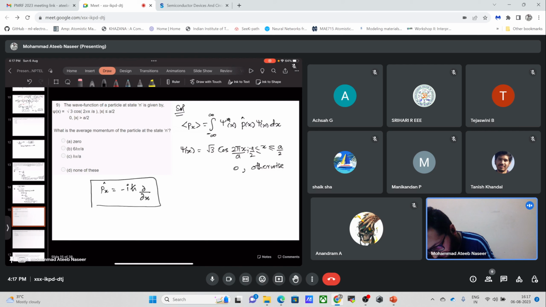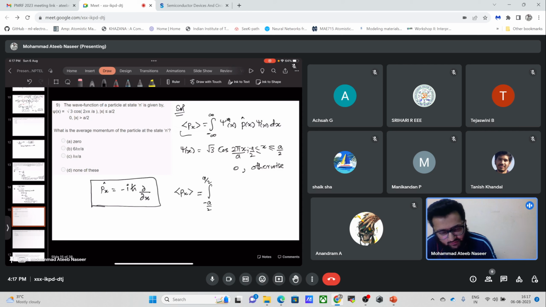Let's keep it over here. Okay, now since this momentum operator operates on this wave function, we need to solve for this expectation value or this average momentum, which is simply given by this, from minus a by 2 to a by 2.